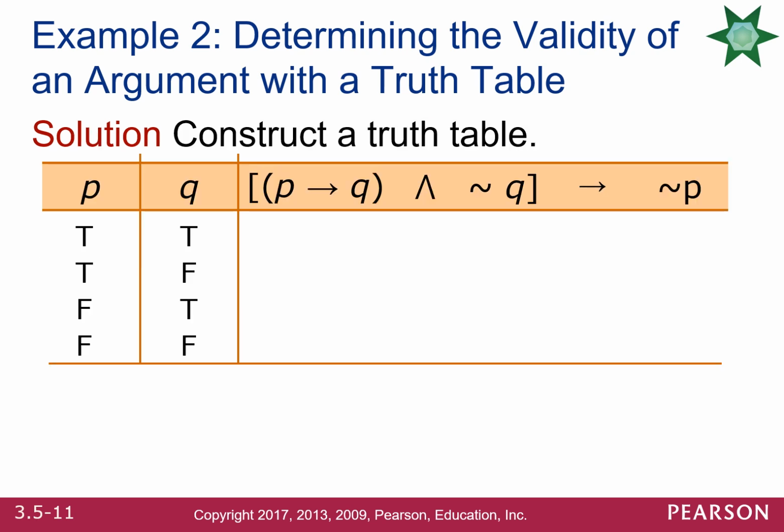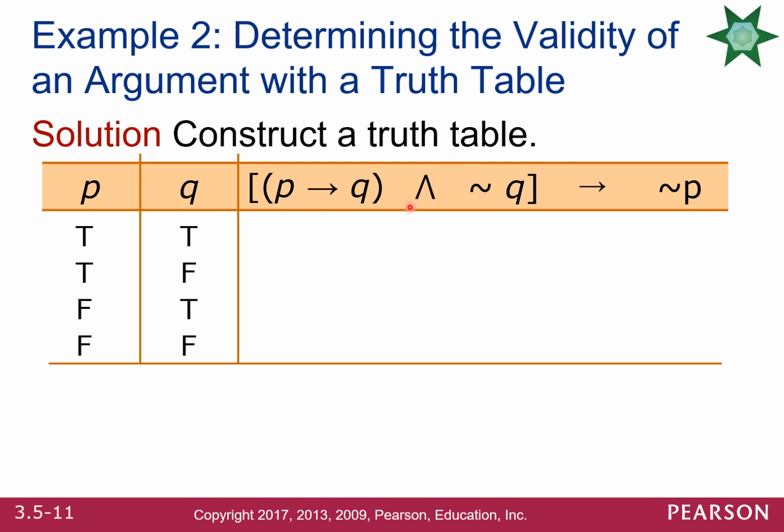Now over here in the next step, we are going to build a truth table out of the symbolic statement that we created from the argument in the previous slide. Now this particular statement does not conform to the law of detachment that we had learned.